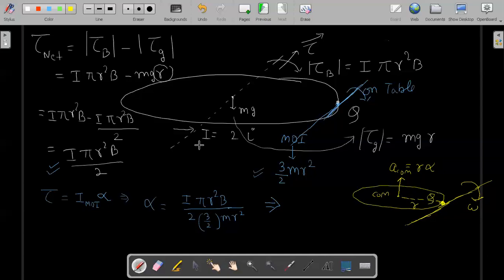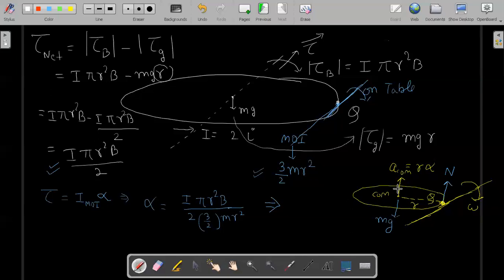Okay. And the forces which are present on this ring are force mg, which acts at the center of mass in the downward direction, and the normal reaction force which acts at point Q in the upward direction. According to Newton's second law, the center of mass of any rigid object is accelerated by the vector resultant of all forces present on that body.